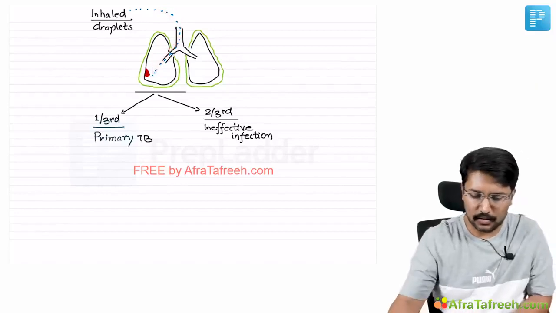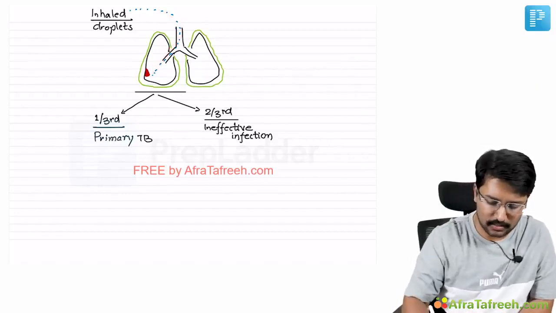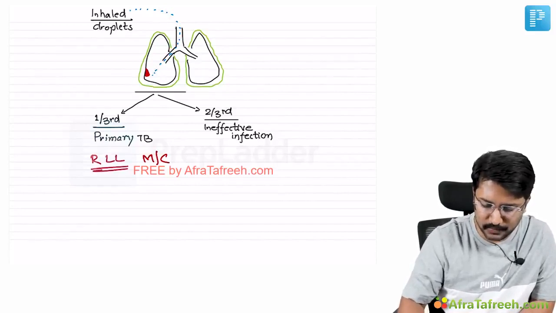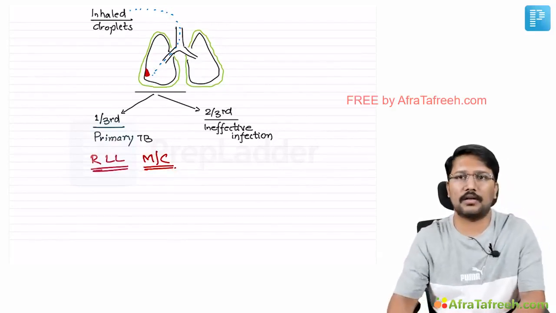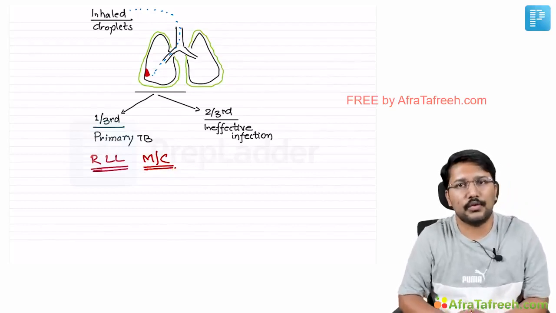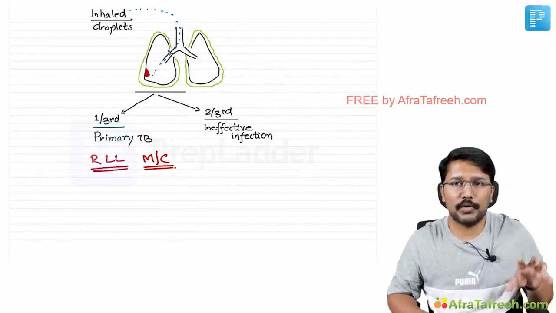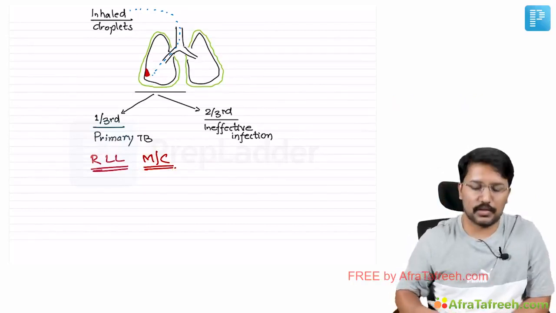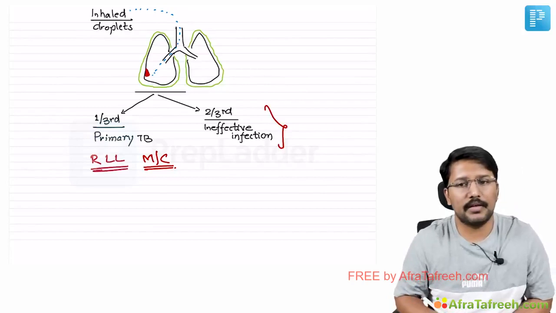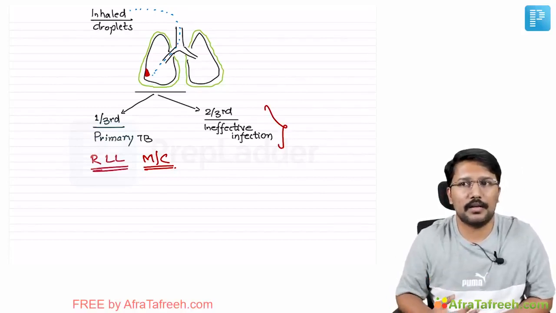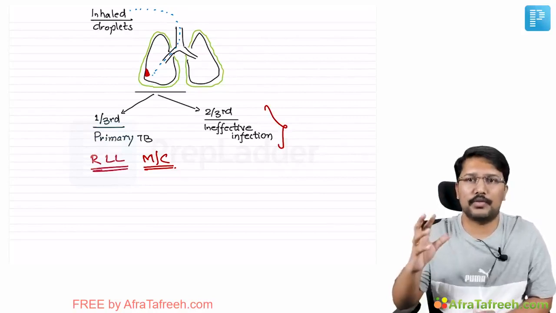So the right lower lobe is the most common site where the primary tuberculosis infection can occur. If someone gets exposed to a positive case, 1/3 of them develop primary tuberculosis and the remaining 2/3 develop what we call an ineffective infection. So what is ineffective infection? The ineffective infection is where the macrophages are not eventually infected.